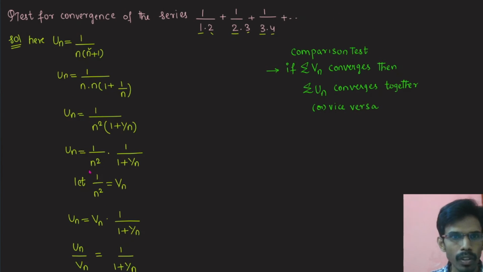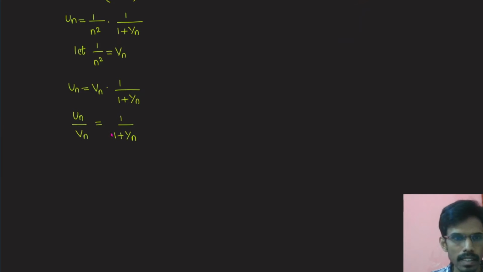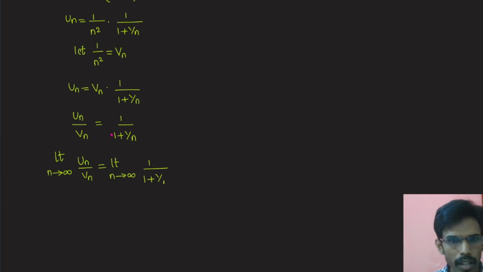Now the condition for this series to converge is applying limits on both sides. So apply limit n tends to infinite un by Vn. So applying both side limit n tends to infinite 1 by 1 plus 1 by n. Now we know that if n tends to infinite, then 1 by n will tend to 0. 1 by infinite value is 0.